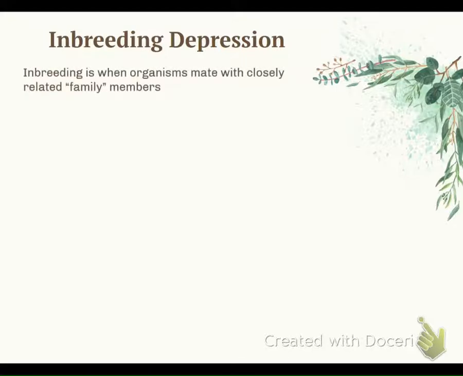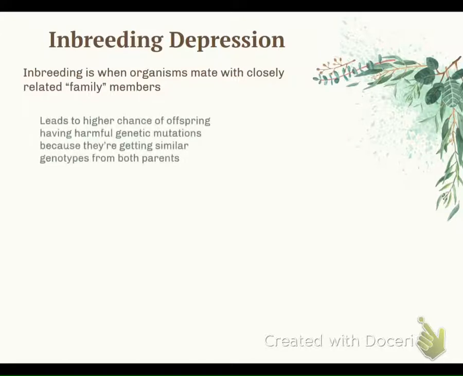Sometimes there's inbreeding depression. For example, cats do not have a huge amount of genetic diversity because there are not as many mutations in felines. When they inbreed, that means they're having sex with family members, and there's an increased chance of genetic mutations that lead to problems.